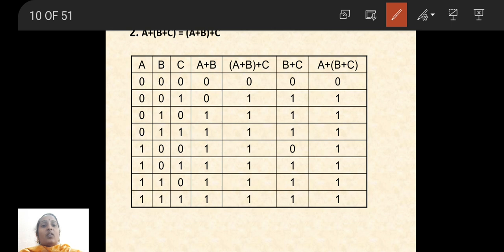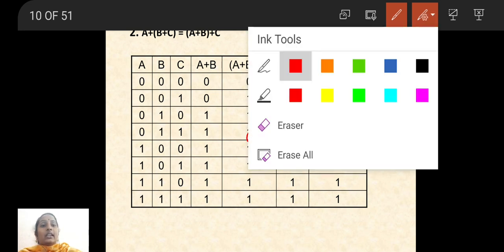So in this way, all 8 combinations. Why? Because here 3 variables are used, a, b, c. In the previous table only 2 variables were used, so 2 to the power of 2 is equal to 4 combinations. But here 2 to the power of 3 is equal to 8 combinations. So our table contains 8 rows. Why?